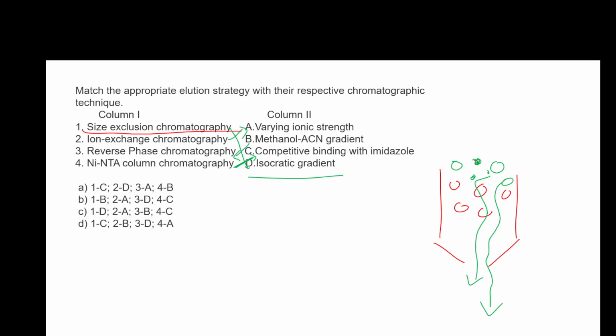Similarly, as I mentioned for ion exchange, when you give a high concentration of imidazole, the His-tag protein will leave the nickel-NTA and be purified, leaving the other non-specific proteins behind. Okay, so reverse phase will match with this. Yeah, all are marked.